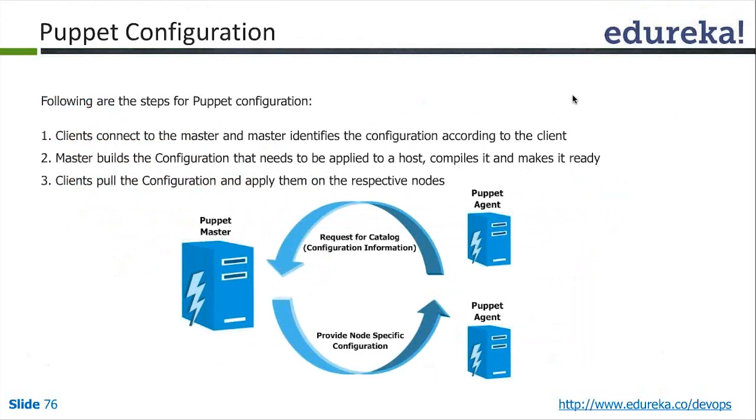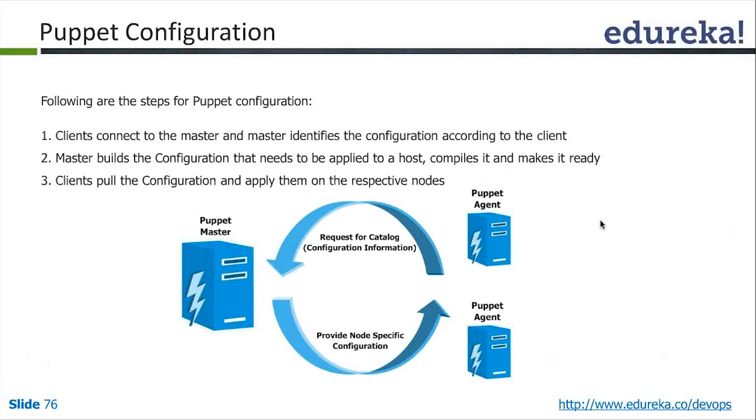The following are the steps for Puppet configuration. The client connects to your master server, which identifies the configuration according to the client. The master builds the configuration that needs to be applied to the host, compiles it, and makes it ready. The client then pulls the configuration and applies it to the server.